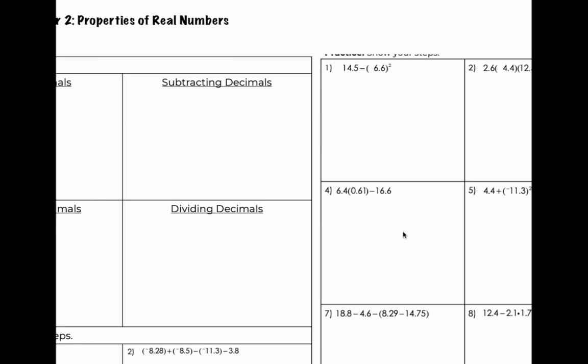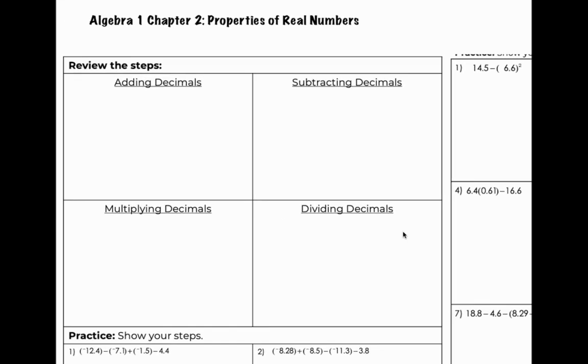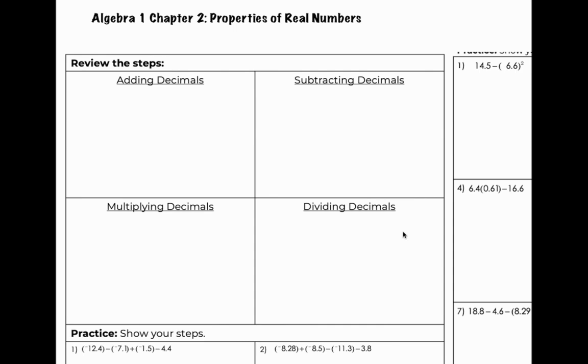Okay, so just some reminders. When you are adding decimals, you want to line up the decimals. Fill in any empty decimal places with a 0.